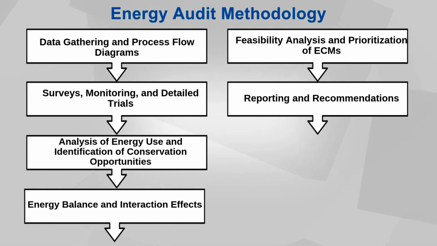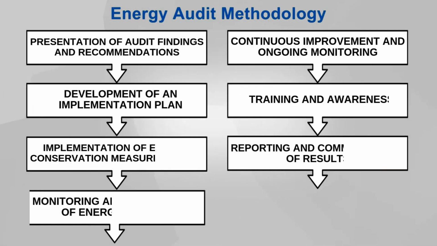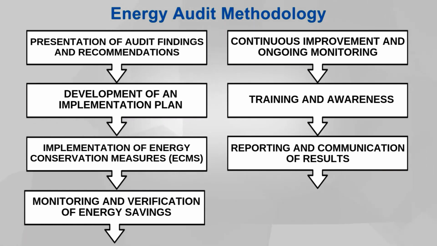They compare the facility's energy performance against industry benchmarks and best practices to identify areas for improvement. Based on the analysis, the team develops a list of energy conservation measures, or ECMs, that can be implemented to reduce energy consumption and improve efficiency.